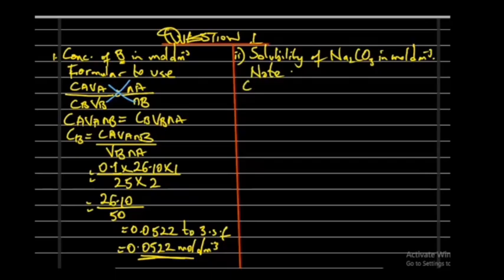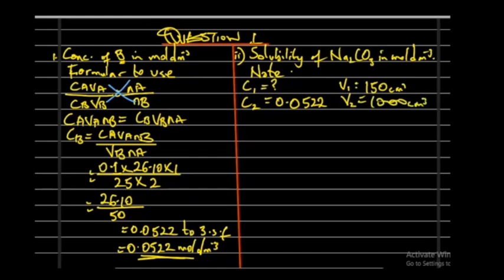Note that we do not know our C1, that is what we are trying to calculate. But we know our C2 to be what we just finished calculating, 0.0522 moles per dm cube. We know from the question that the volume that was diluted is 1 centimeter cube, and then our V2 is 1000 centimeter cube.